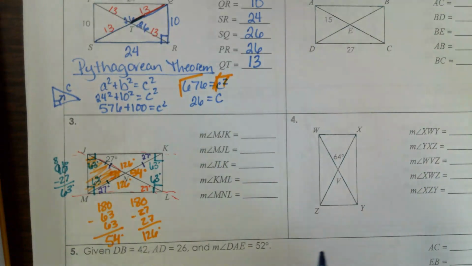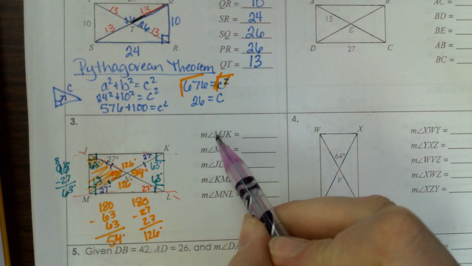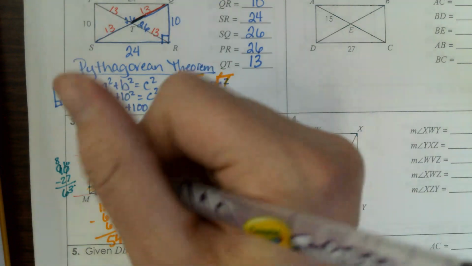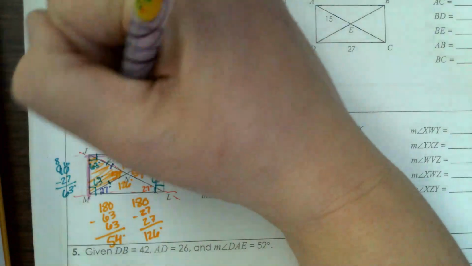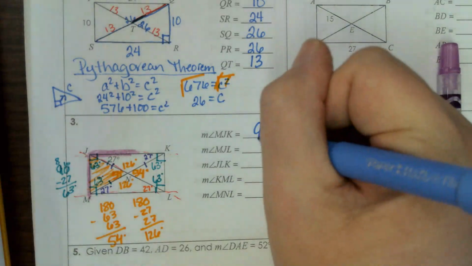Okay, so the next part gets a little bit crazier too, because now we have to label the angles. We're going to go from M to J to K. So M to J to K is this angle right here, which is a 90-degree angle.